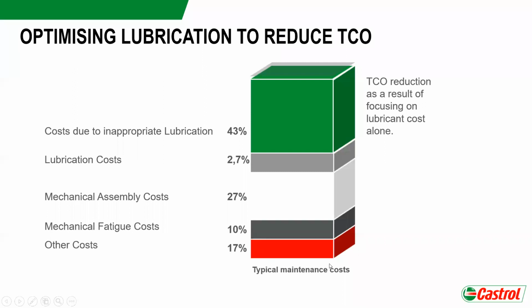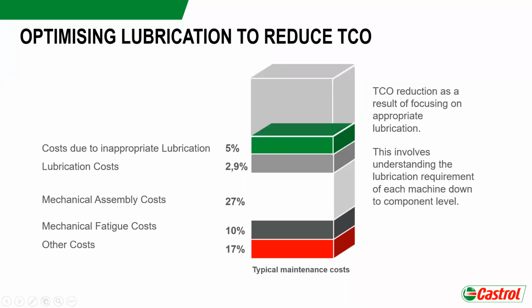Next slide, please. So what we like to do is look at total cost of ownership, and if we can reduce that cost of inappropriate lubrication by focusing on appropriate lubrication, then that's the way that we can really add value. And you'll notice there that lubrication costs aren't higher than the original 3% on the first slide.